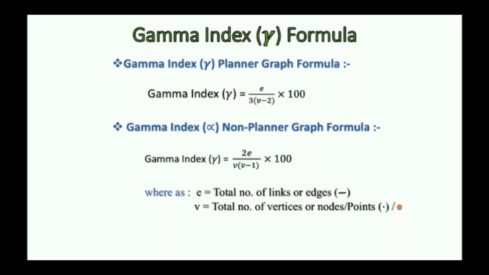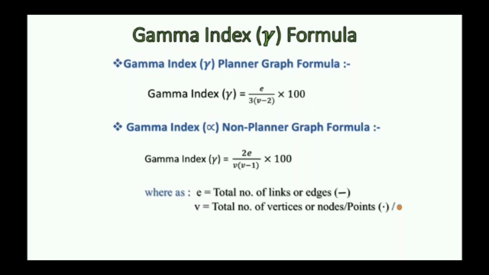And second is the non-planar graph formula, that is gamma index is equal to 2E divided by V in bracket V minus 1, and multiplied by 100, where E indicates number of edges and V shows the number of vertices.